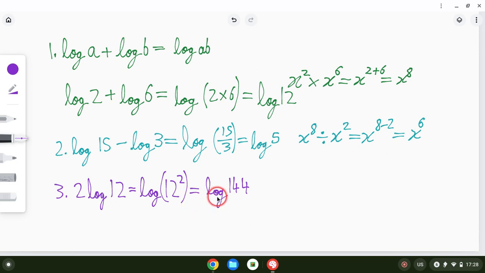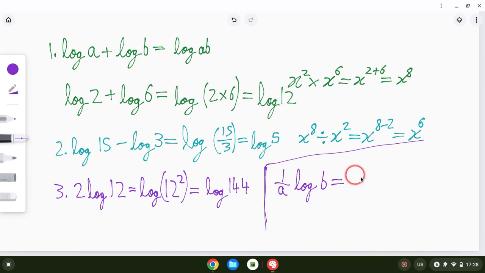Alright, let me give you another example. Let's say this is completely different. Let's say I have 1 over a times log of b. What will this become? Pause this video and try to figure this out. Well, like I said, I'm going to put the 1 over a, this whole thing, as an exponent.